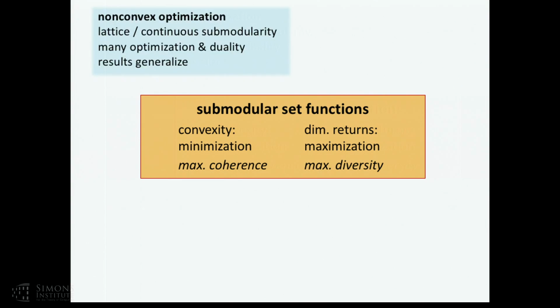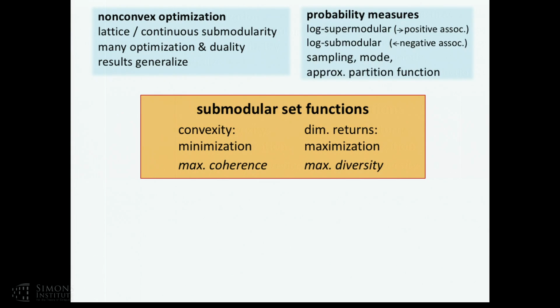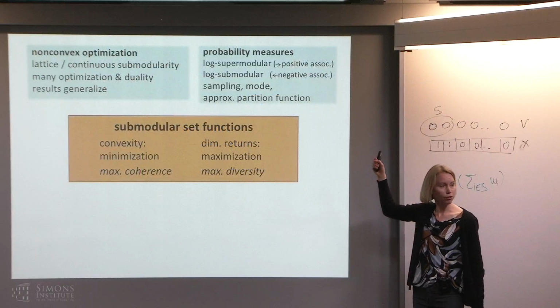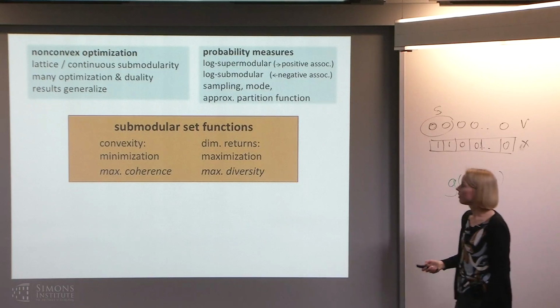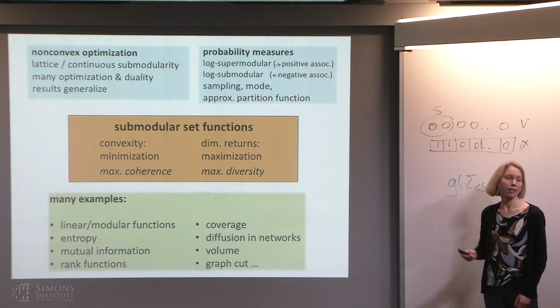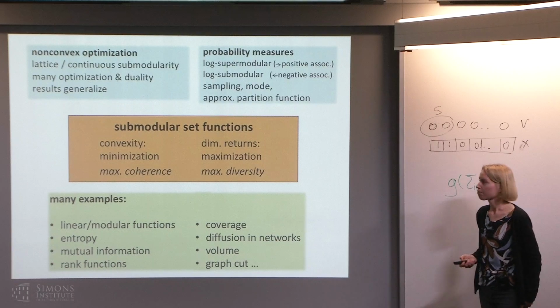Then we saw a few different relations to non-convex optimization. In fact, Andreas will also talk a little bit about non-convex relaxations for submodular optimization. We'll have relations to probability measures, which is an entire research area by itself. And then we have many different examples of submodular functions.